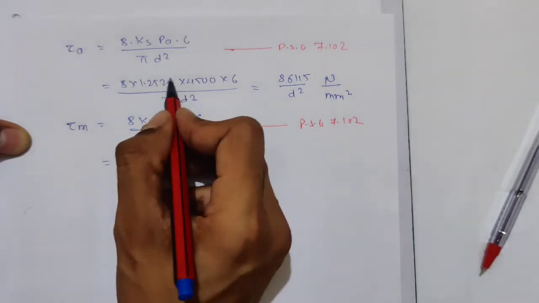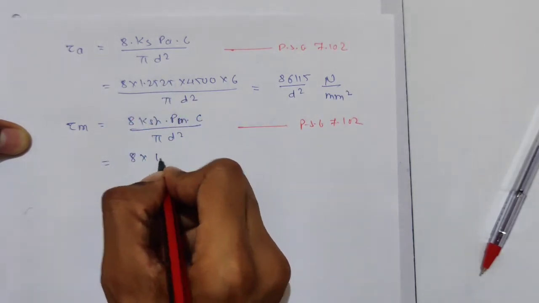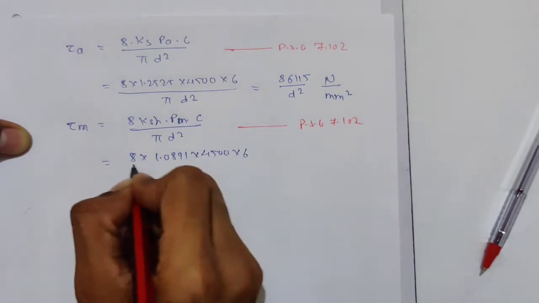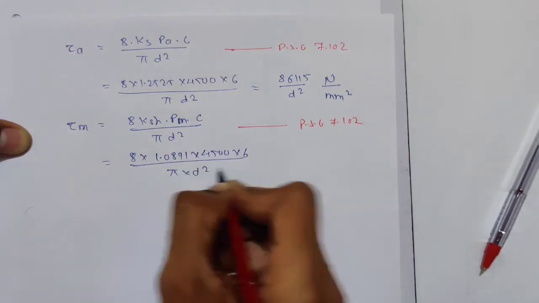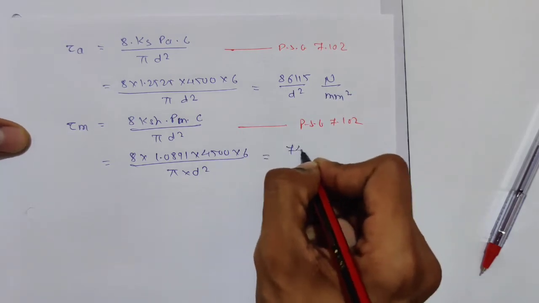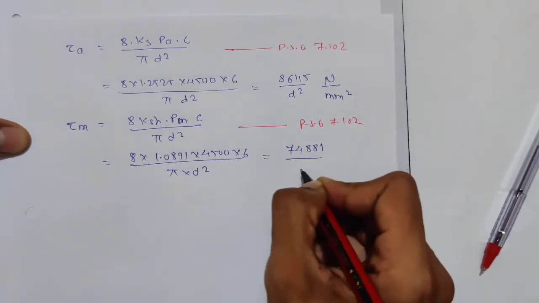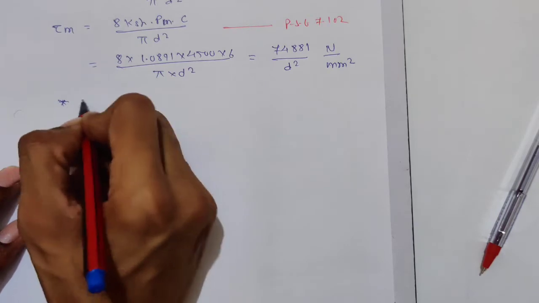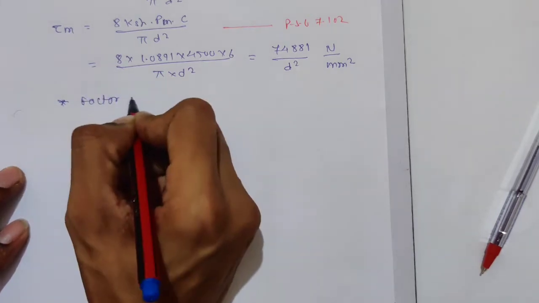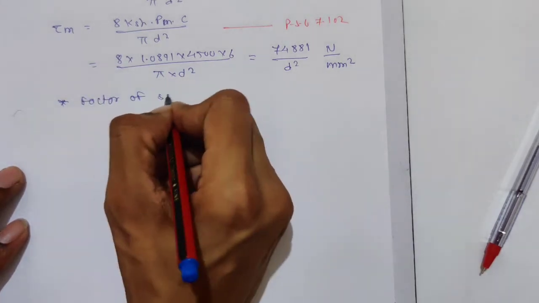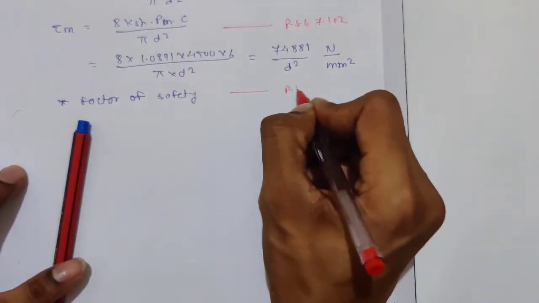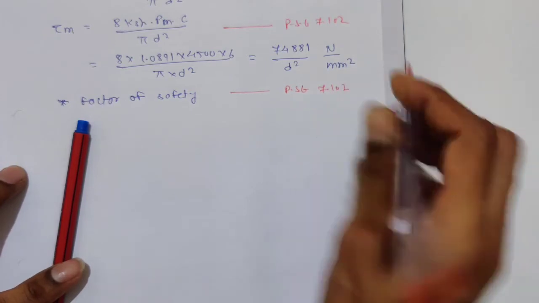So 8 into, see, only this much change, 1.0891 into 4500 into 6 divided by pi d square, and you will get the value as 74881 divided by d square Newton per mm square. Okay, then we know the formula of factor of safety. It is also given in PSG 7.102.